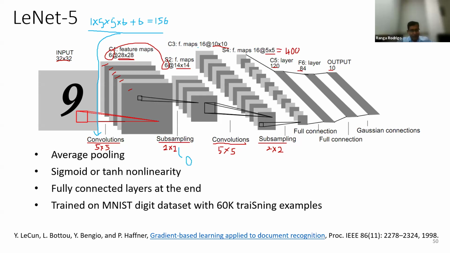You can see in that convolution the number of output channels is 16, and the depth of the input now is 6, right? So we have to write 6 times 5 by 5 convolutions, and how many convolution kernels are there? 16 of them. And we have to add 16 as the biases.